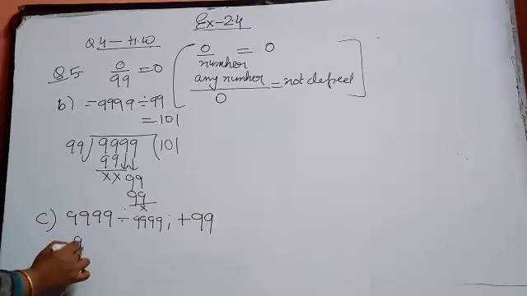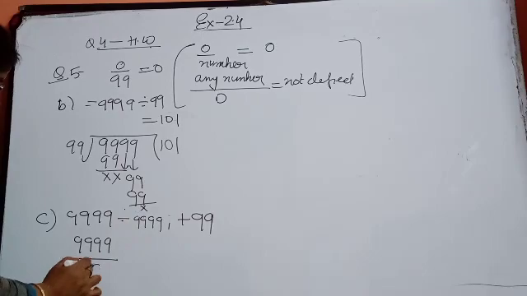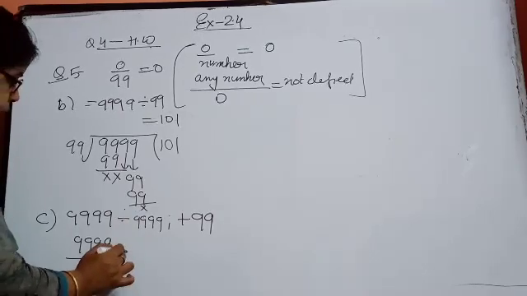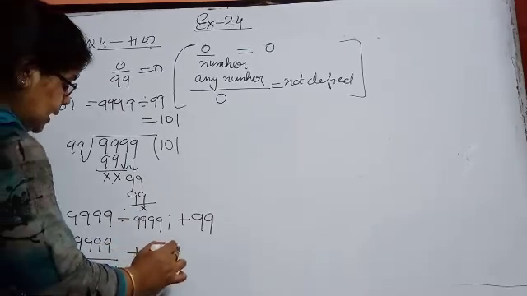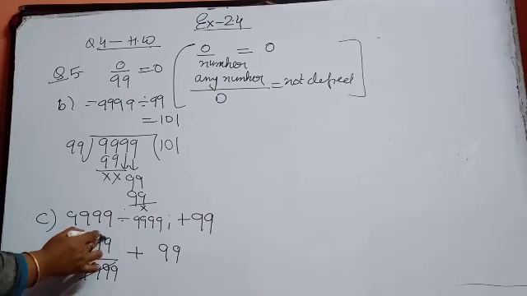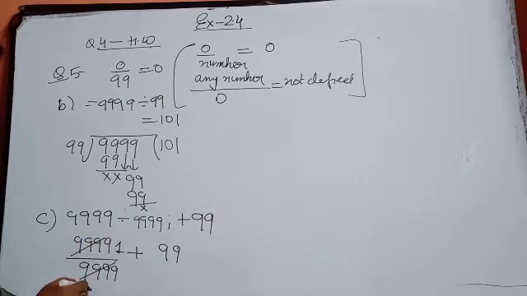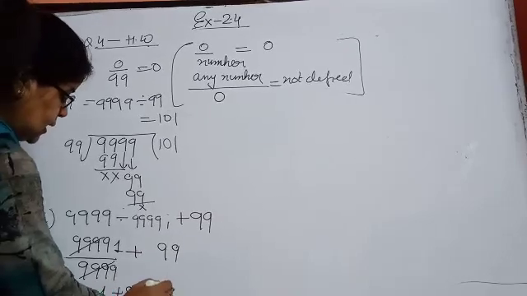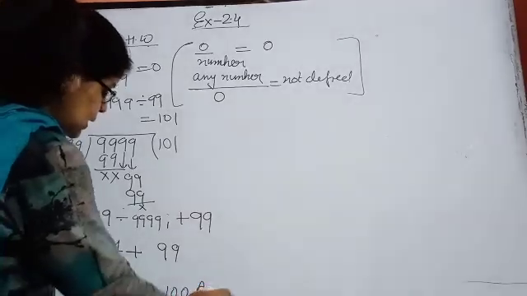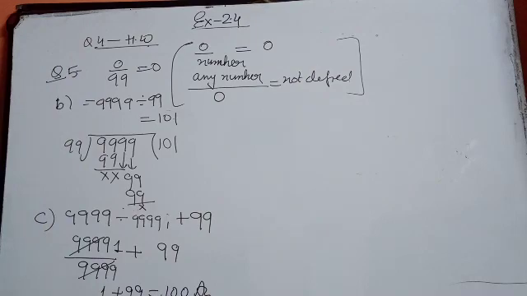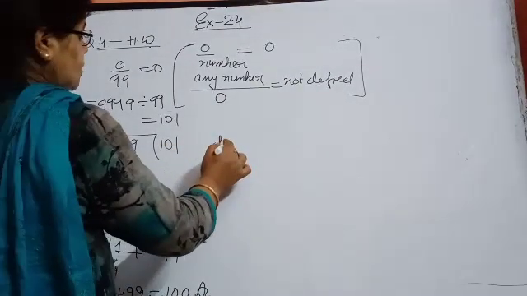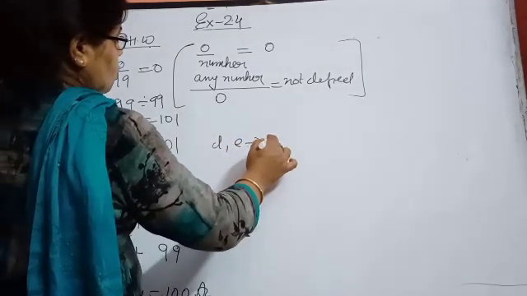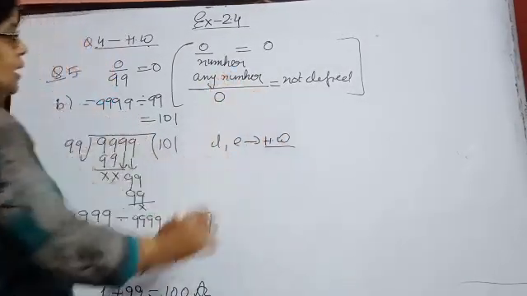So you will do 9999 divided by 9999, and plus 99 you will write separately. If you divide this completely, what will you get? 1 plus 99. What answer will you get? 100. So your answer should be 100. So A, B, C parts I have done. D and E parts of this question are your homework. Now I am proceeding to the next.